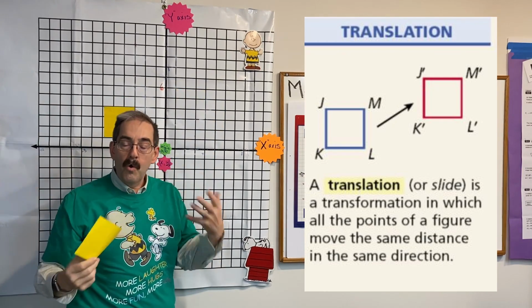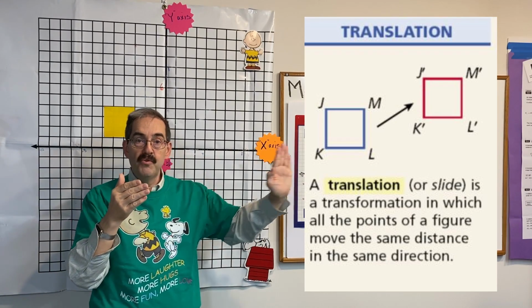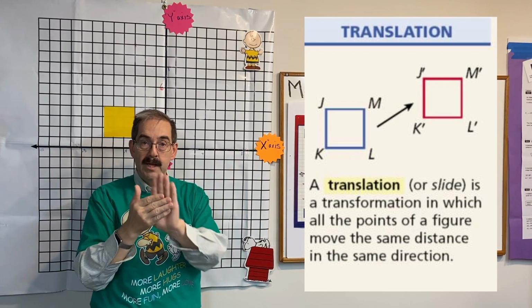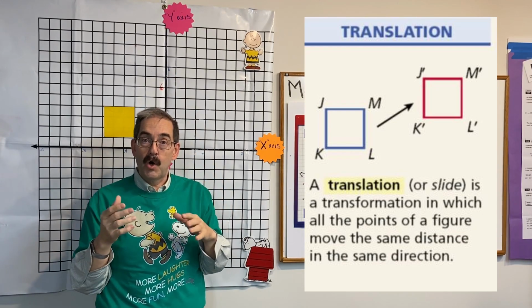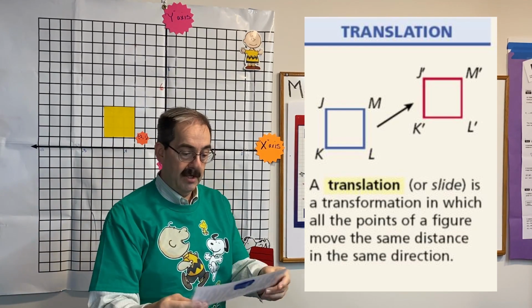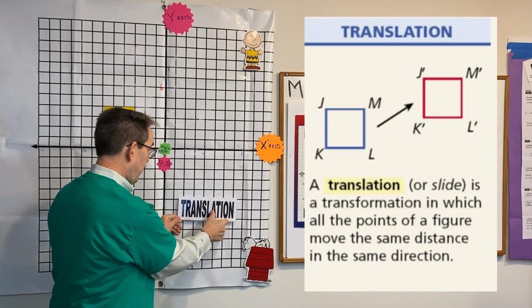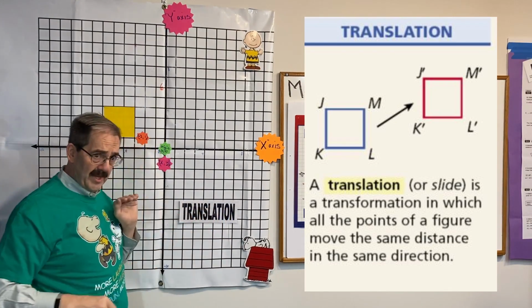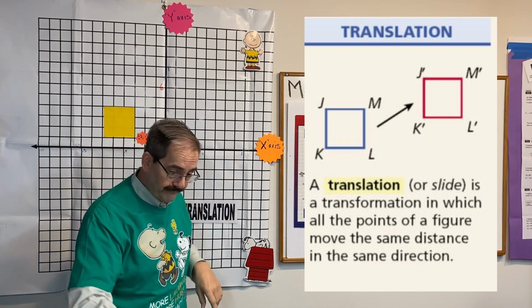Well, there's a whole bunch more vocabulary today. So we have movement: left, right, up, down. That's called a translation. So when I translate, left, right, up, down, it's a vocab word, make sure you write it down.